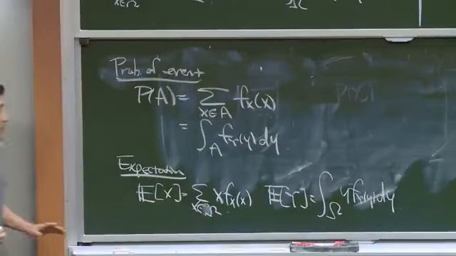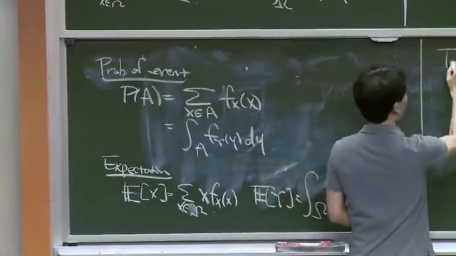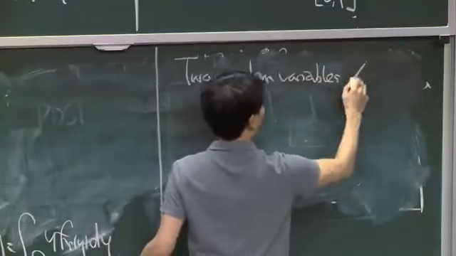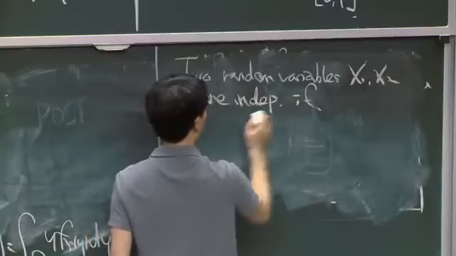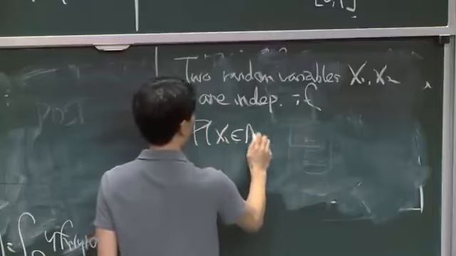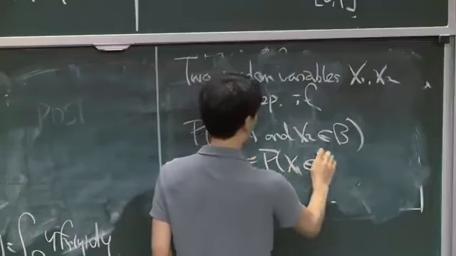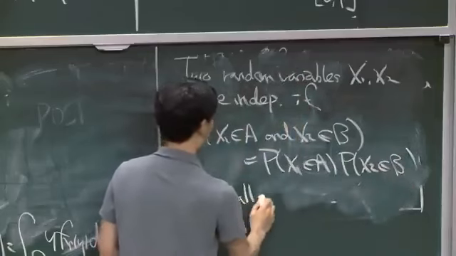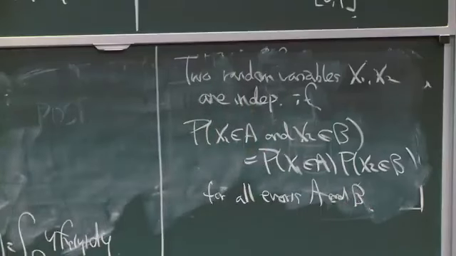Okay. And one more basic concept I want to review: two random variables X1, X2 are independent if the probability that X1 is in A and X2 is in B equals the product of the probabilities, for all events A and B. Okay.